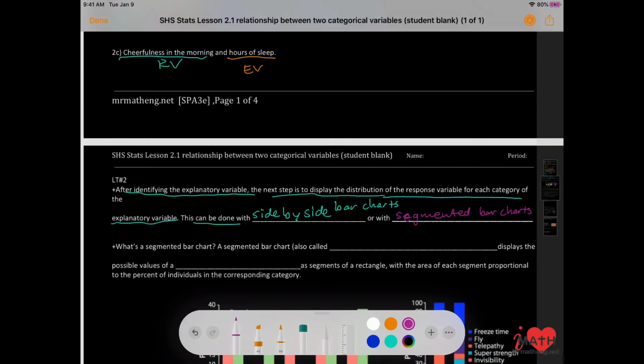What's a segmented bar chart? A segmented bar chart, also called stacked. So here in blue, pink, and orange, the last ones I just wrote, they're all synonymous. They're all the same.